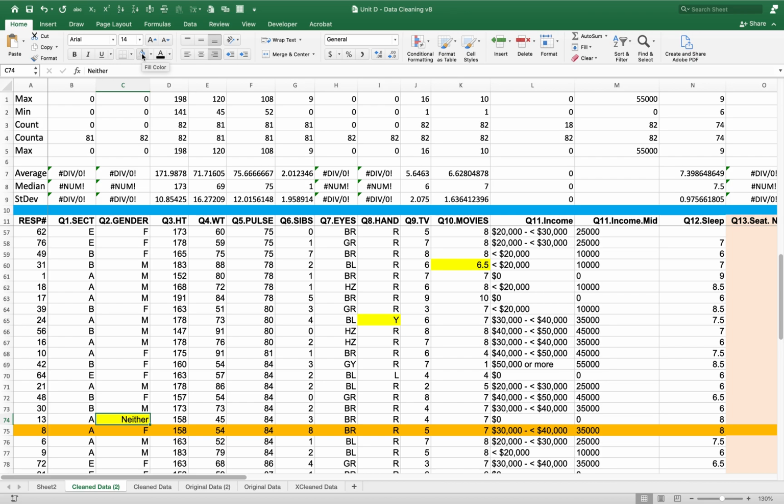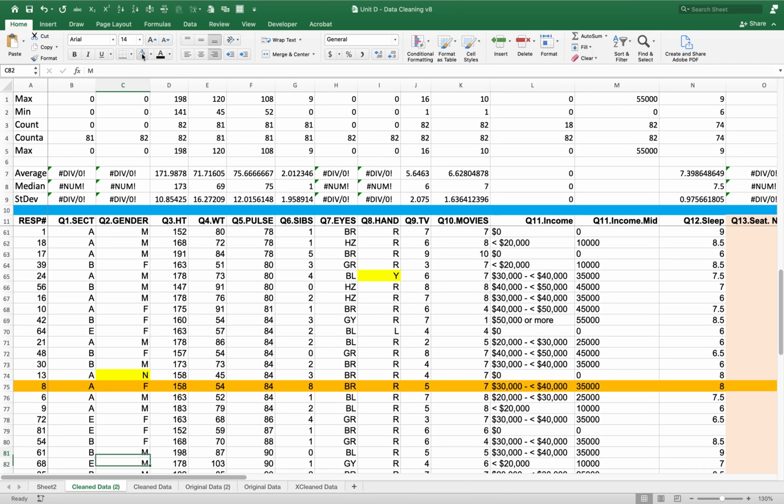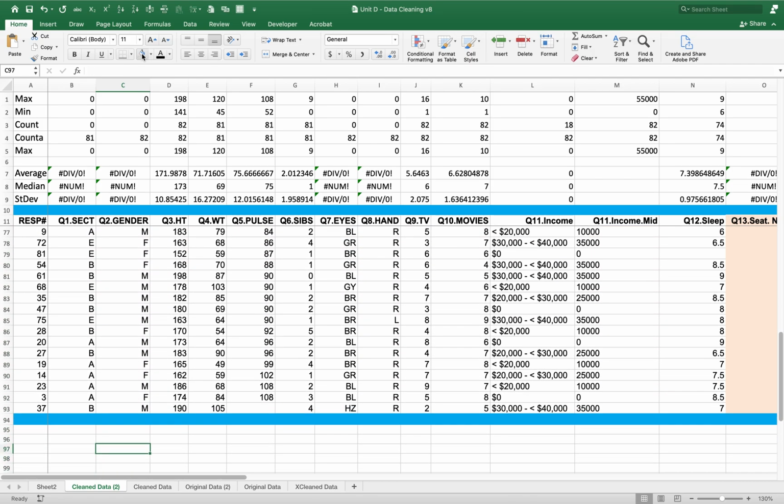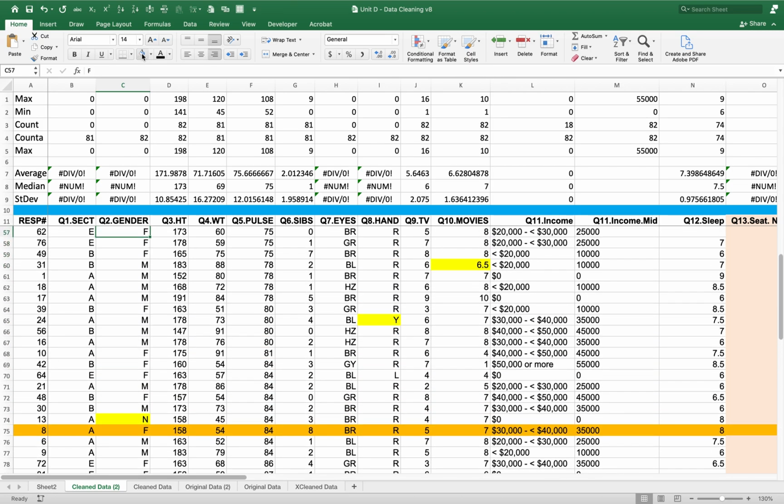But you also want to honor the fact that the person put down a neither, so it's not the same as a blank in this case. Now you could change that to an N in this case and just recognize that you have one, which means neither.